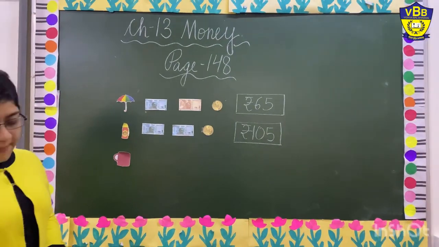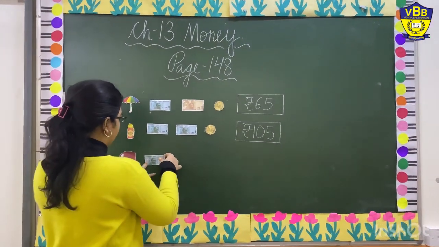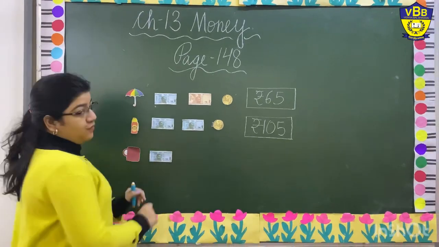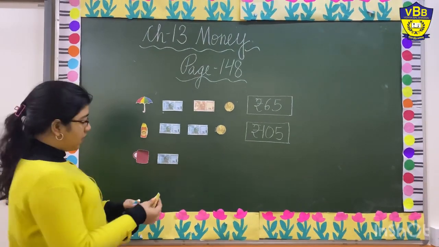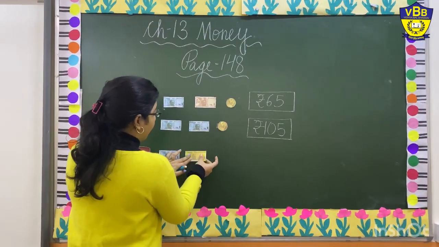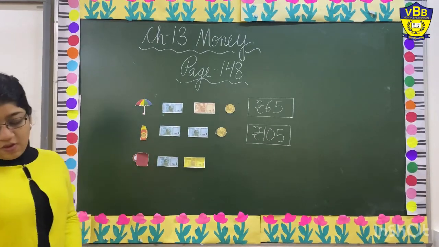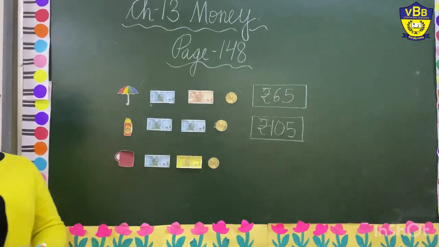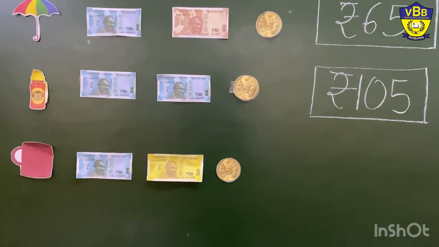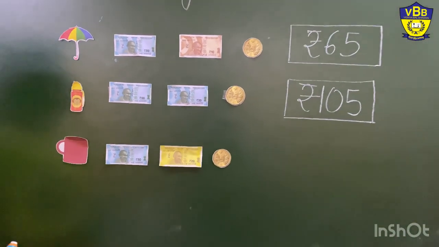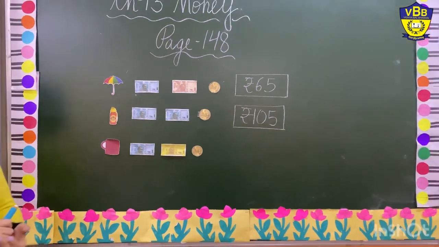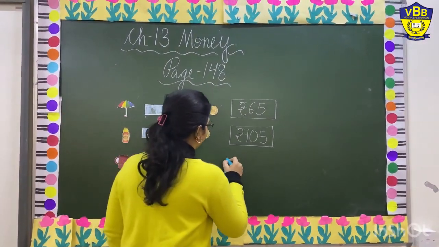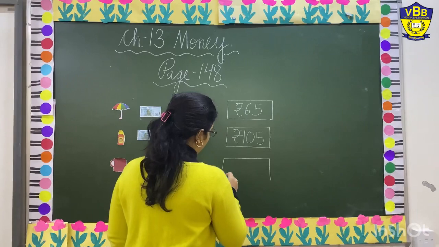Okay, the last is the mug. Let's see what the amount is. Rupees 50 plus rupees 20 plus a rupees 5 coin. We have to calculate it and write it in the box.